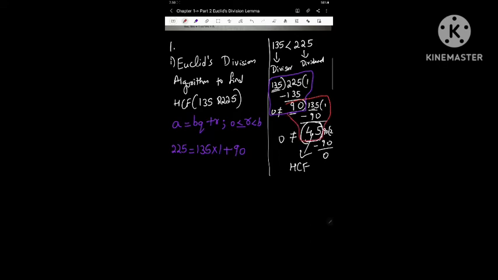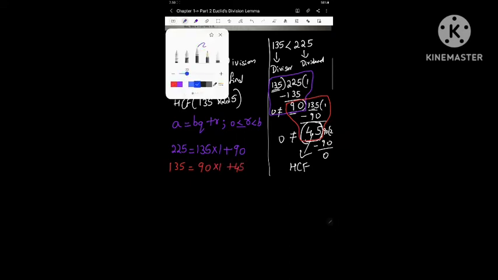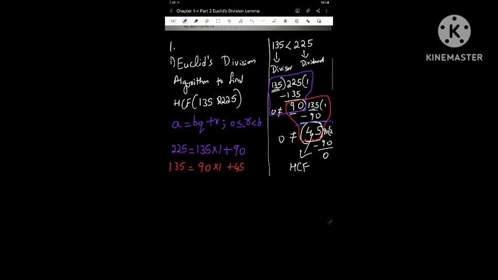Okay, so we can write this in the form of Euclid's division lemma in this form. So 135 equals 90 into 1 plus 45, and the final stage is this. So this can be written as 90 equals 45 into 2 plus 0.